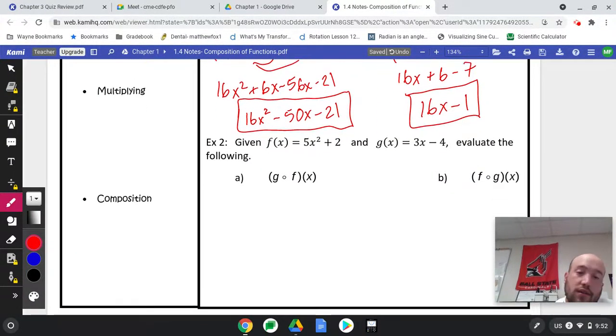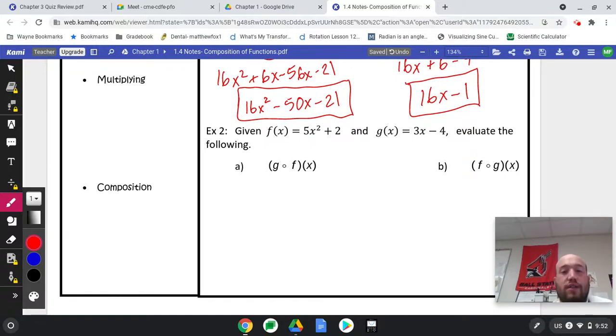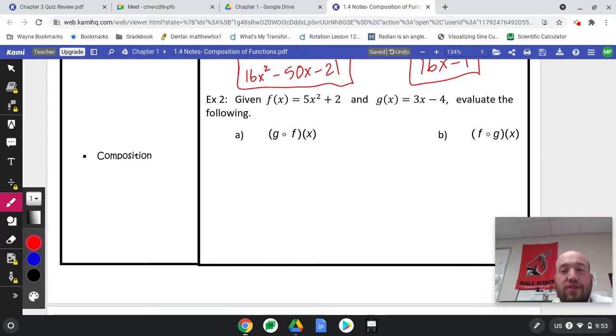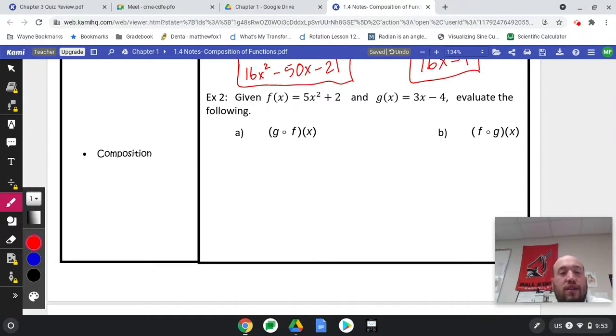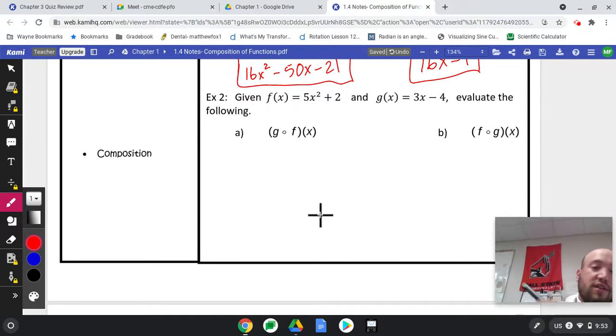All right. So now down here, once again, we're going to use these two functions, f of x and g of x, and we're going to do these compositions. Another way you might see this written would be g of f of x. Okay, this means the same thing. So g of f of x, we start with f of x and we plug it in place of the x in g.